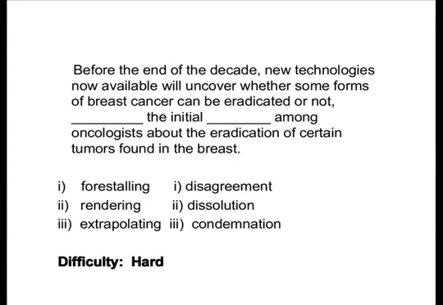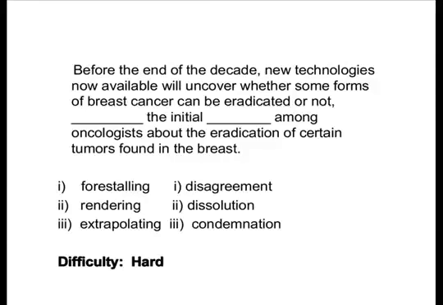They may be having a conversation. Rendering just says portraying, but doesn't really tell us what is being portrayed. And extrapolating implies that we are looking at something in the future. We are projecting something based on the information that we currently have. That is wrong. Something is happening where the oncologists are thinking.